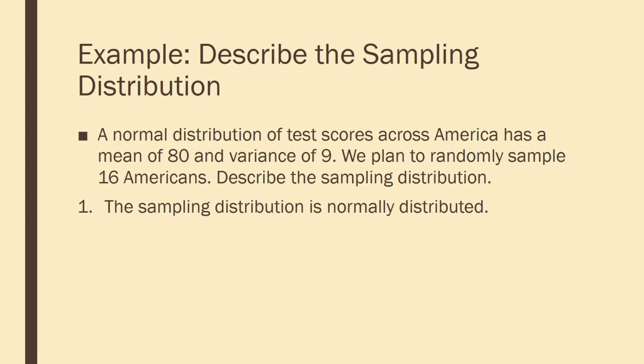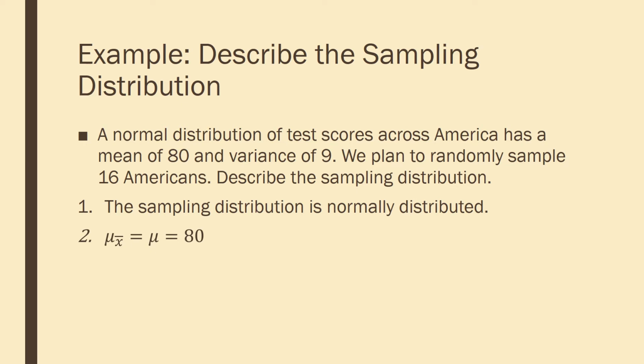And it doesn't matter that our sample size of 16 is less than 30. So if we have a normal distribution, it doesn't matter about the sample size. So our original population distribution was normally distributed, and also our sampling distribution is normally distributed because it's not going to change shape on us.